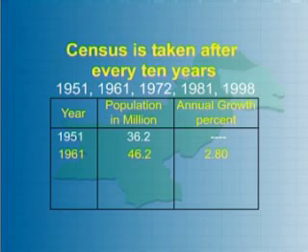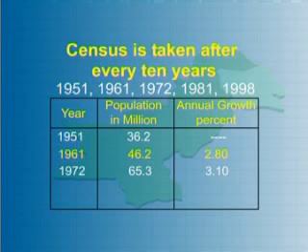In 1961, this population increased to 46.2 million. And during this 10-year period, 51-61, the rate of annual increase of population was 2.80. The third census in Pakistan took place in 1972.